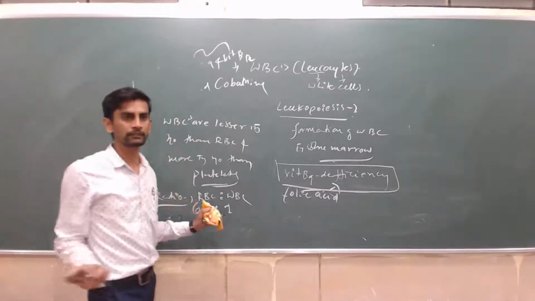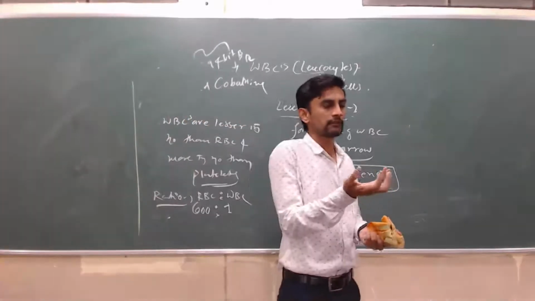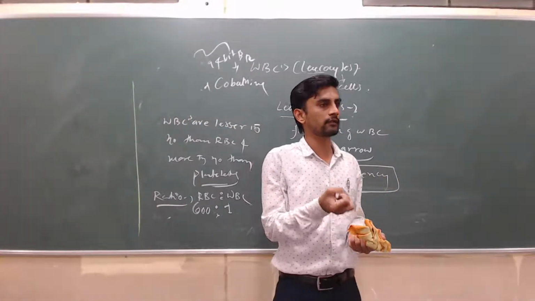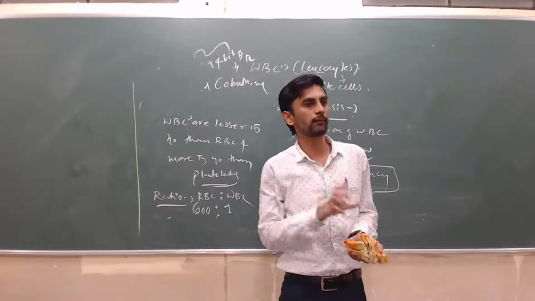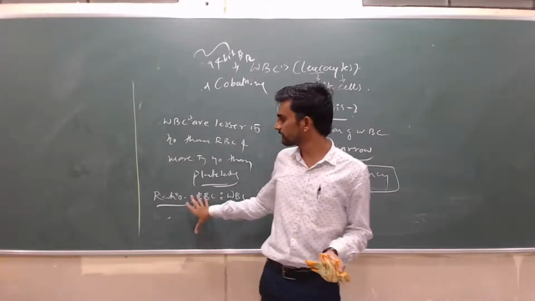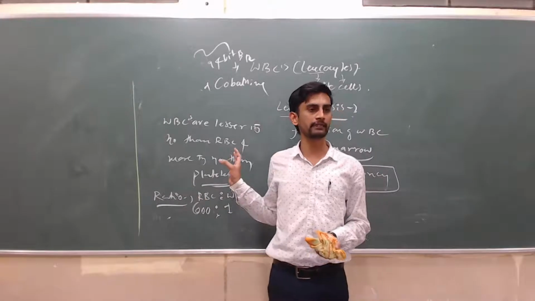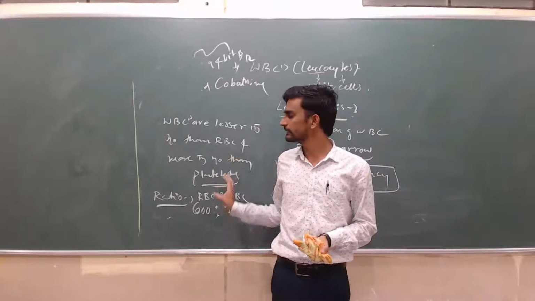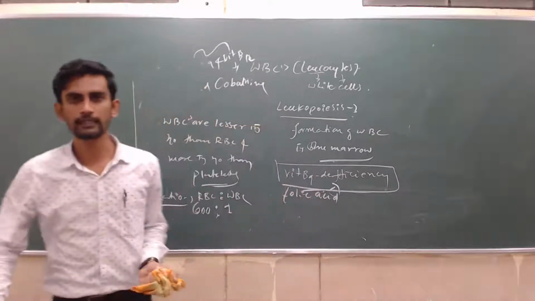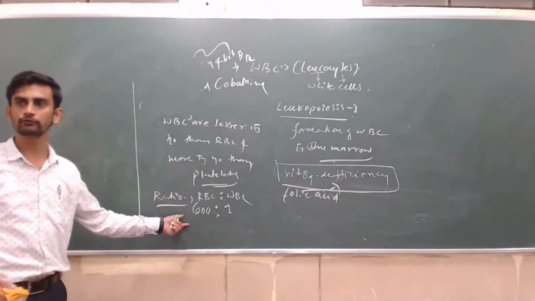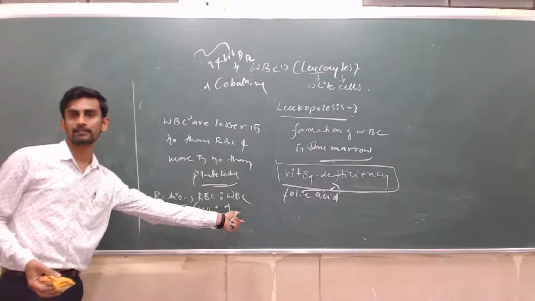Are you getting my point? You can take the amount of blood in that ratio, you have to know. 600 RBCs are there means 1 WBC. It means there is a lesser count of WBC in human blood or body fluid than of RBC. RBC count is more. Are you getting my point? The ratio is very important, you should remember. 600 is to 1.